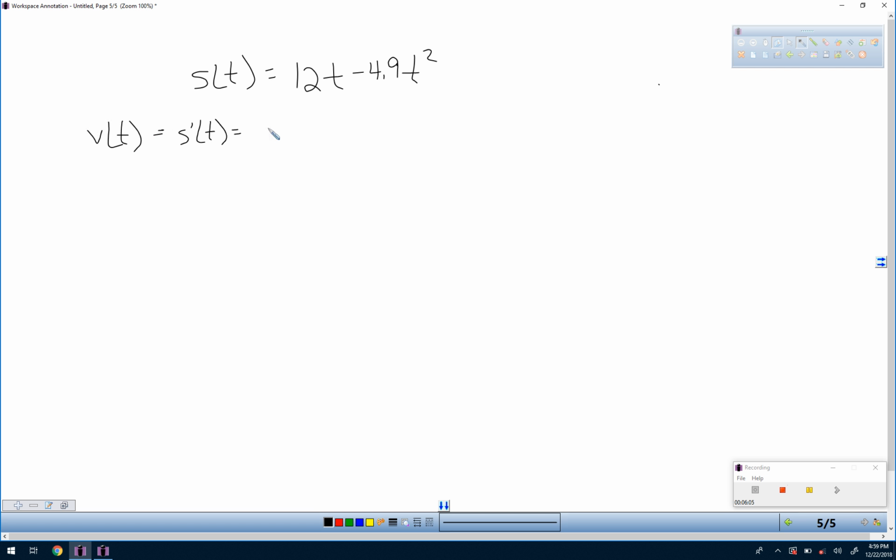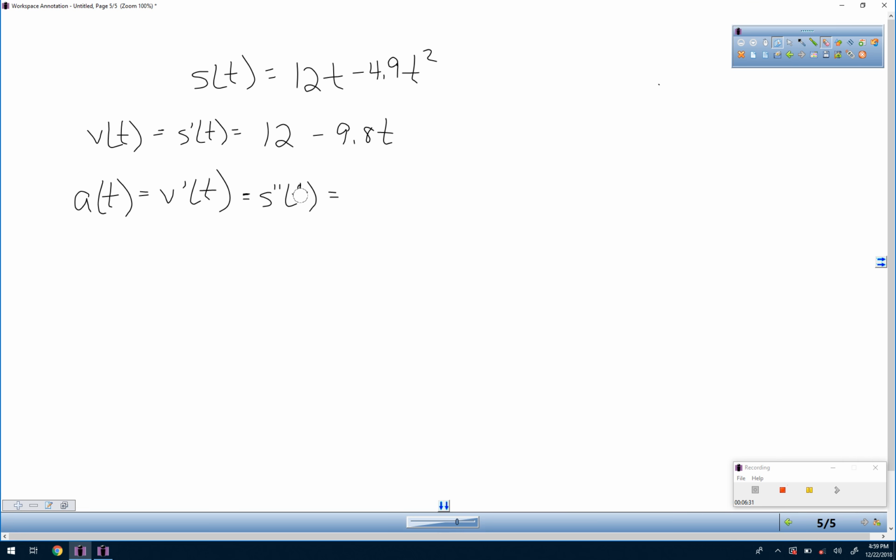So that means the velocity function will just be 12 minus, and then the derivative of 4.9 times 2 would be 9.8t. So that will be the velocity function. If I wanted the acceleration function, that would be the derivative of velocity, which would technically be the second derivative of the position function.